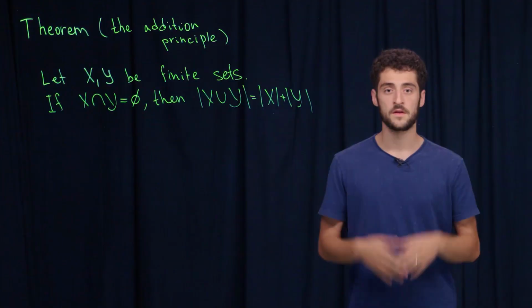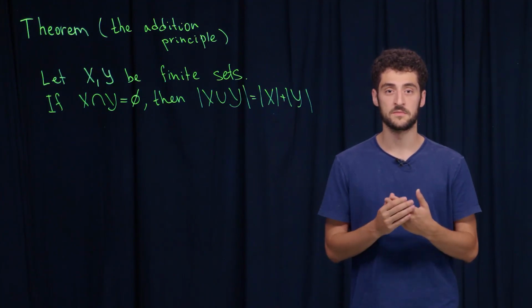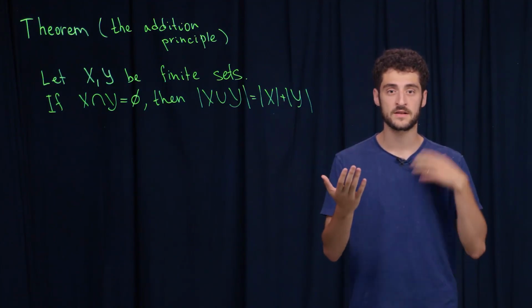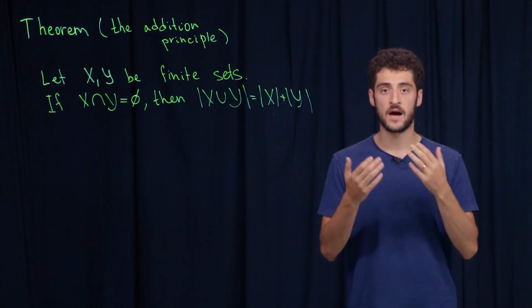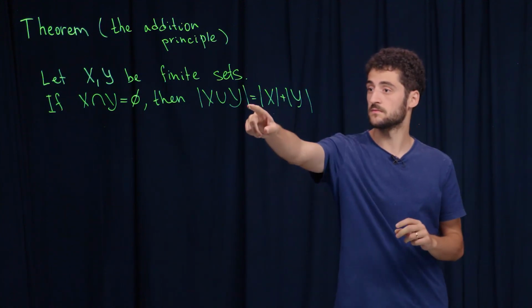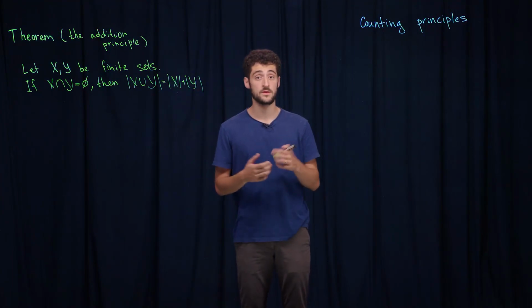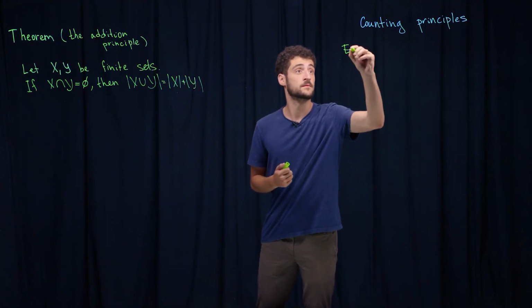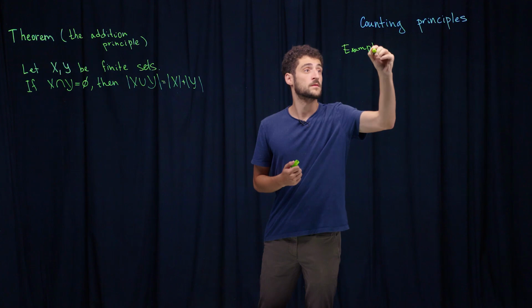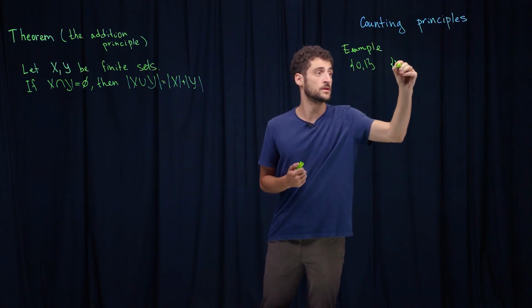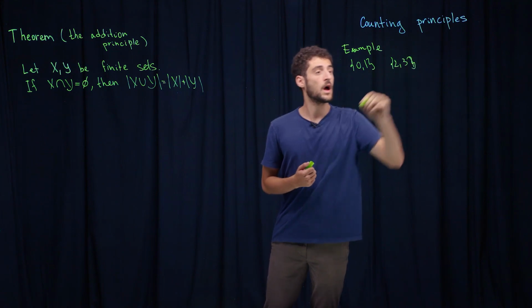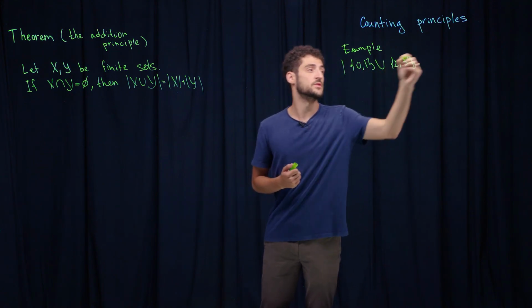The next principle is called the addition principle, and it states that if you have two sets X and Y, then the size of their union is equal to the sum of their sizes, like this. We may illustrate this theorem using the following example. Let's consider that we have two sets, {0, 1} and {2, 3}, and we want to compute the size of their union.